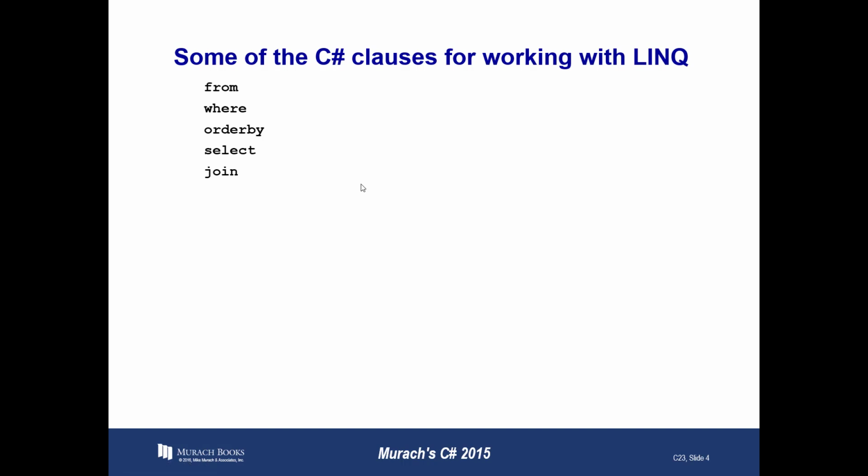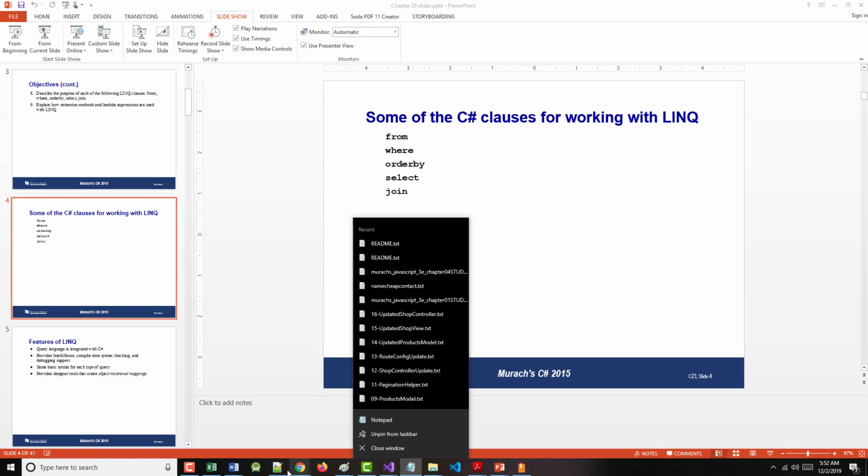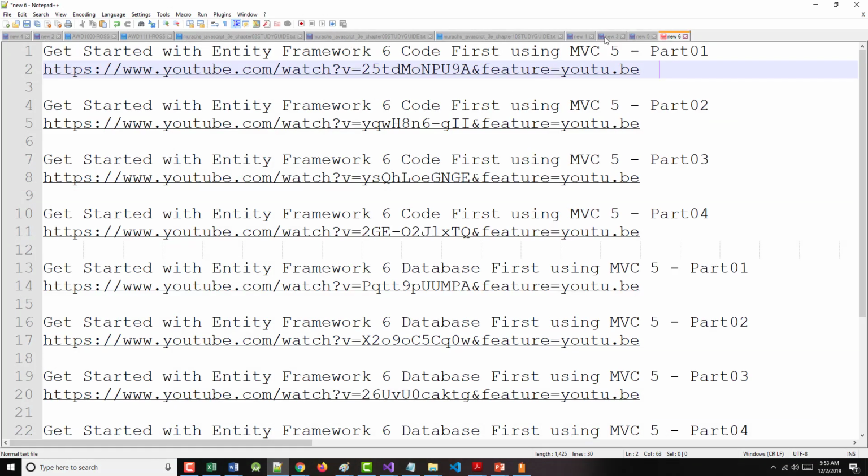It lists some of the C# clauses for working with LINQ. When you look at these, I've shown you something like this earlier, but I'm going to throw it up here anyway.